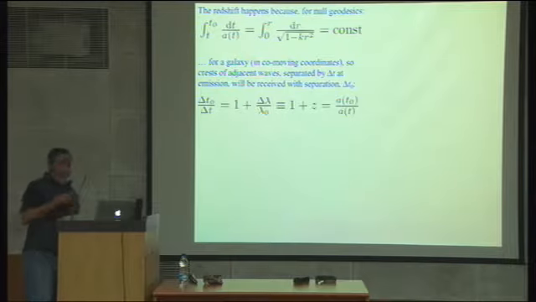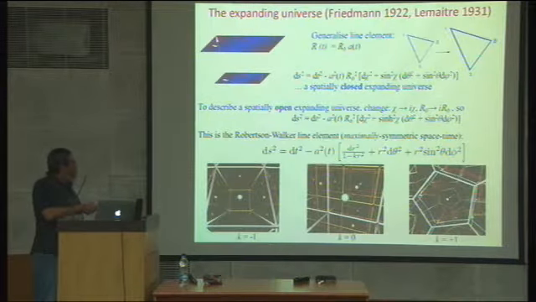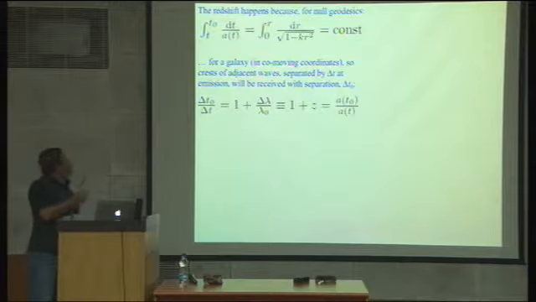So now let us get more concrete. The redshift is happening because of this quantity, dt over a of t, and now I substitute from the metric that I had in the last slide. I'm setting ds squared equal to 0, and that gives me that dt over a of t is just dr over the square root of 1 minus kr squared, and this is some constant.